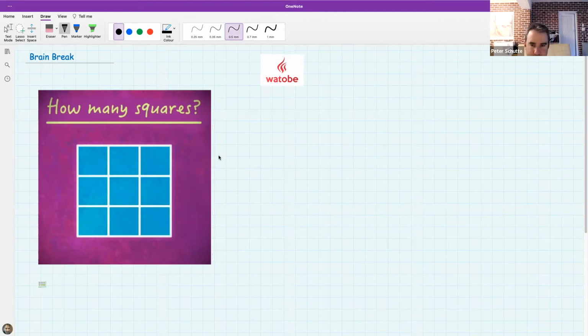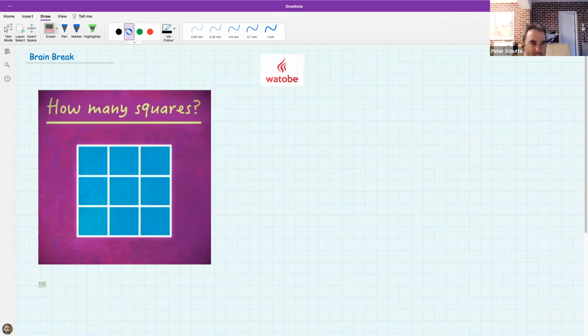Okay. Awesome. So guys, some of you are saying 10, and you're not wrong, but I want to point something out. What about the square over here? Isn't that also a square? So how many squares are there in this drawing? I agree that there is at least 10, because you can imagine that that's 9, and this one is 10.